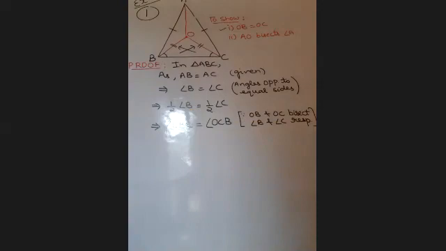That is, OB bisects angle B and OC bisects angle C. Right?